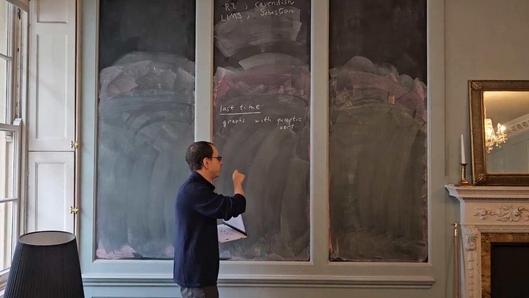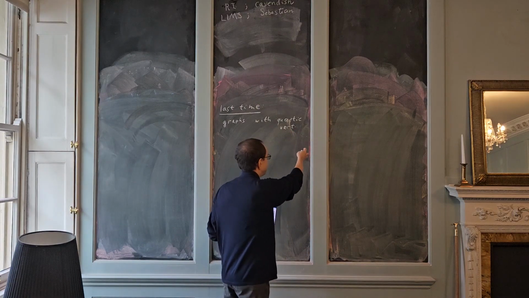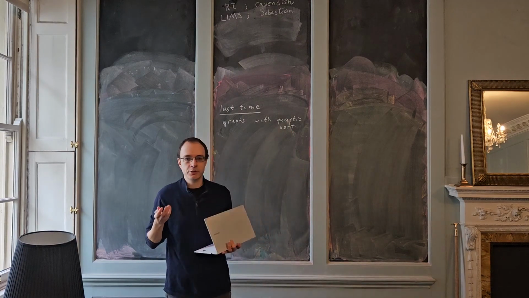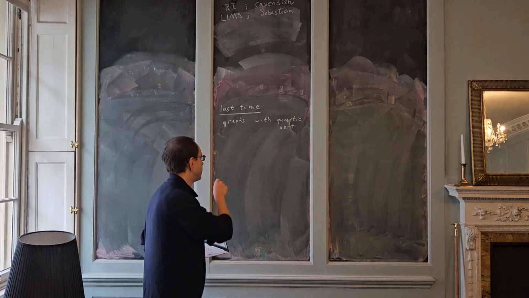It's a bit weird to say that we have graphs with quartic vertices. What's more standard is to think about quadrangulations. But what I wanted to mention is that it's actually the same.